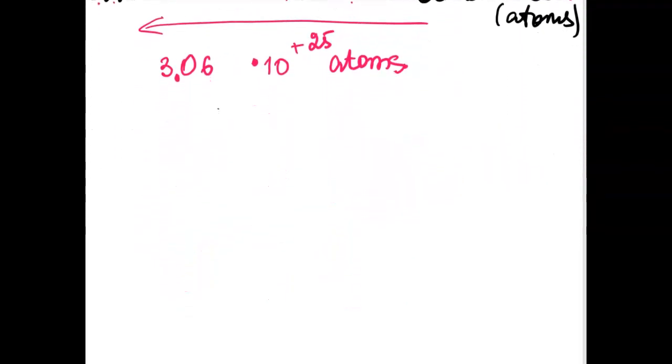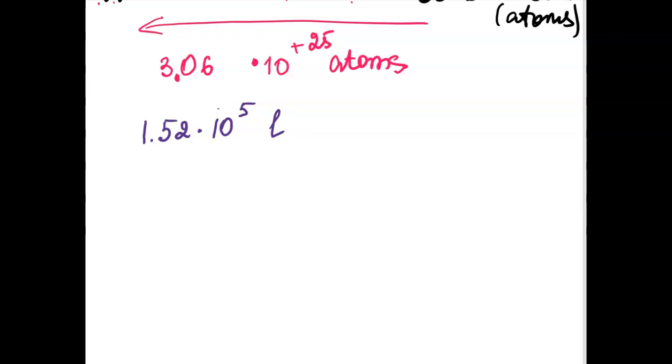Okay, so let's do this. For example, we have, let's say, 1.52 multiplied by 10 to the power of 5. What will it be, let's say liters. The abbreviation for liters is L, right?